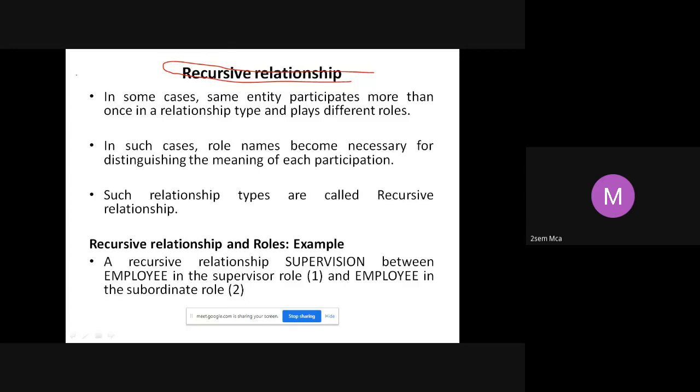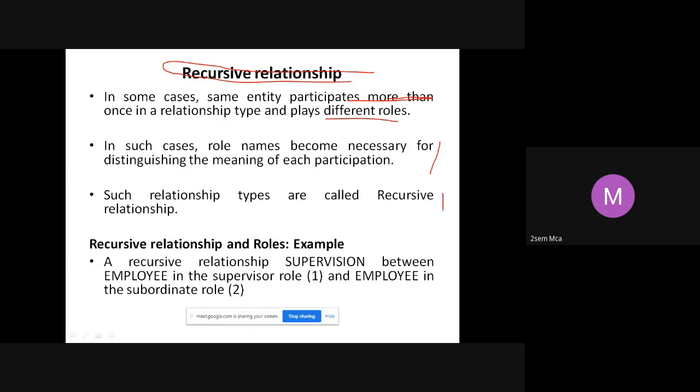Now, in some cases, the same entity will participate more than once in the relationship. I have only one entity, but there is a relationship. The same entity is participating more than once in that relationship. So every time it participates, it is going to play some different roles. In such cases, role names become very important.